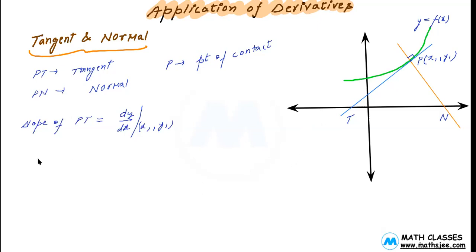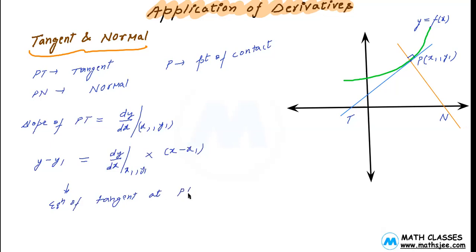We know y minus y1 is equal to m times x minus x1, where m is the slope of the line, which is dy/dx at (x1, y1). So this is the equation of tangent at a particular point P, which is (x1, y1).